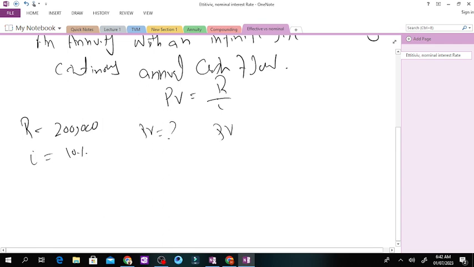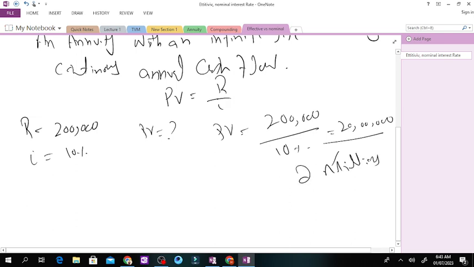Present value is 2 lakh divided by 10%, and we have 20 lakh, meaning basically 2 million. So the condition is saying that if you wanted to receive 2 lakh every year for a lifetime, you need to invest 2 million today. That was the perpetuity case, when we don't have any information about the number of years.